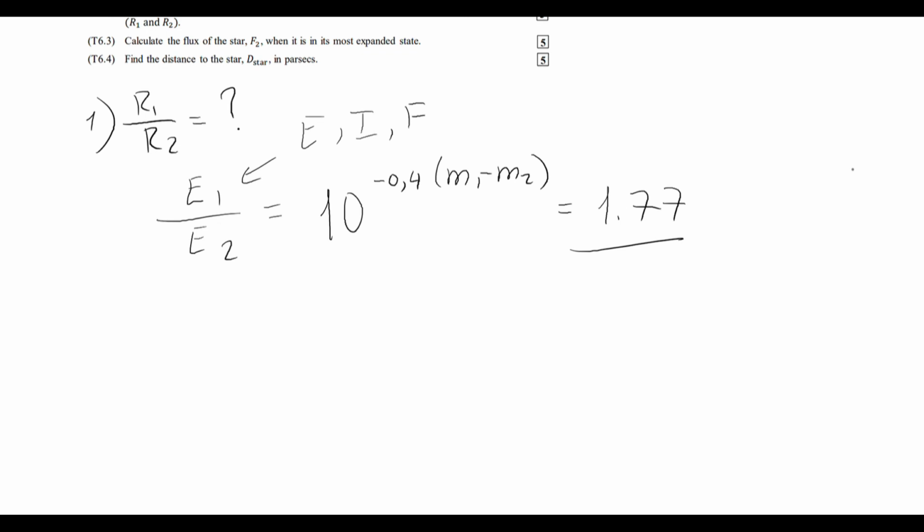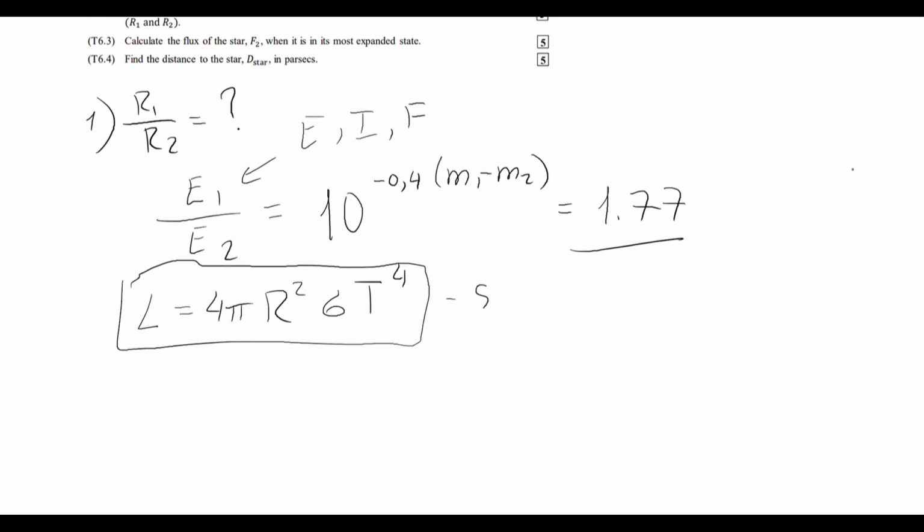From Stefan's law, we know that L equals 4 pi R squared sigma T to the power of 4. This is Stefan's law. So from it, we can write the ratio of E1 and E2 this way.